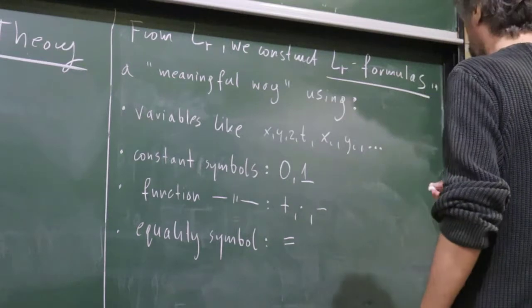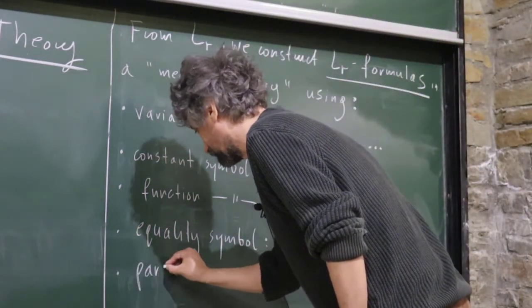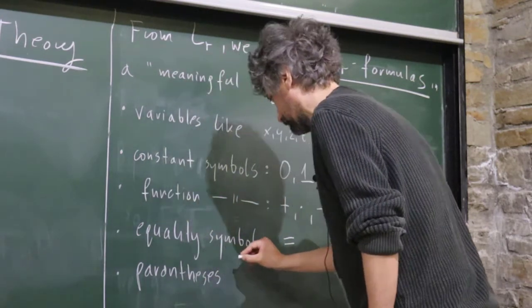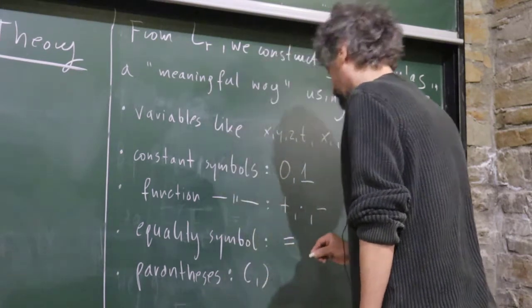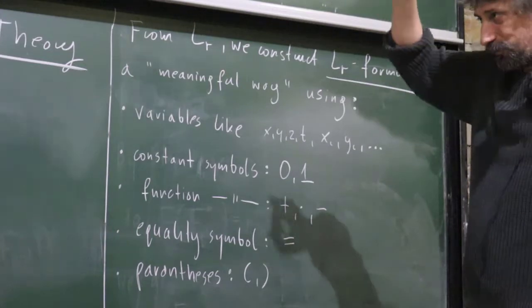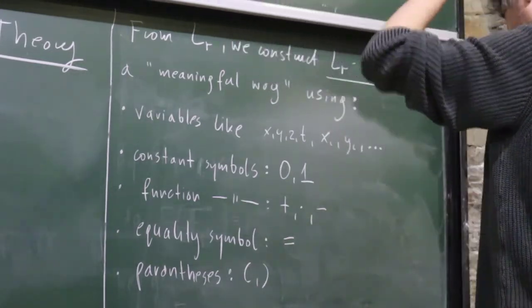Well, and some things which always appear: parentheses. Sometimes we'll use bigger ones to denote there may be lots of parentheses coming.